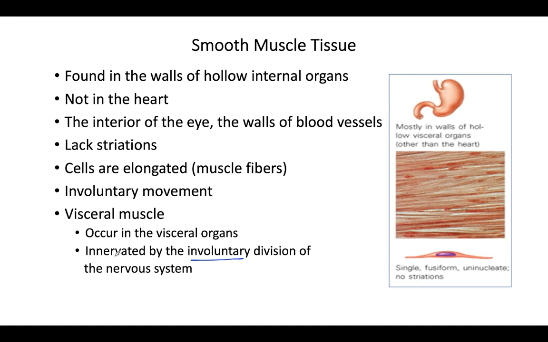Therefore, if these smooth muscles do not respond to the light stimulation, the patient's nervous system is not working well, and it could be a sign of brain death. So involuntary control of the nervous system implies the maintenance of vitality regardless of your realization or not.